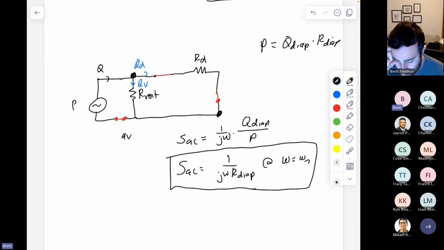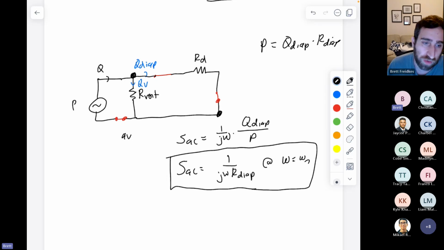From that, we draw the circuit that we have here, where I'm curious what the sensitivity is. So I need to find what the Q going through the diaphragm is, because this is the definition of acoustic sensitivity that we discussed at the beginning. So the Q through the diaphragm is going to be the flow that goes through that second resistor.